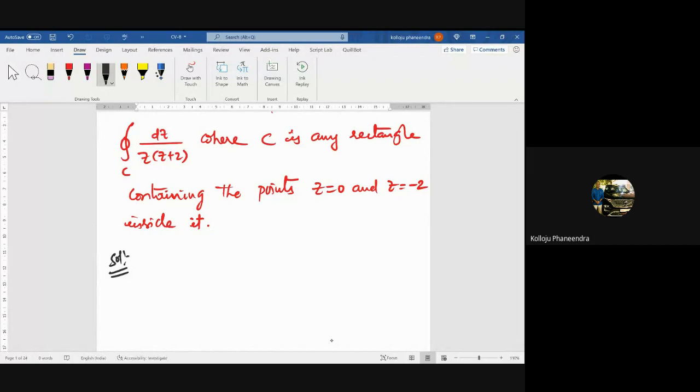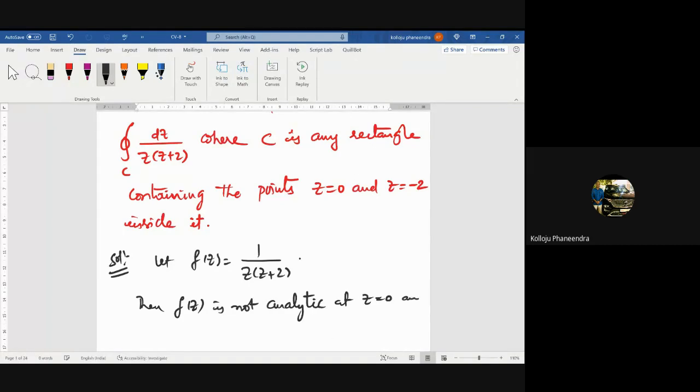Solution. To solve this problem, let f of z equal to 1 by z into z plus 2. Then f of z is not analytic at z equal to 0 and z equal to minus 2.